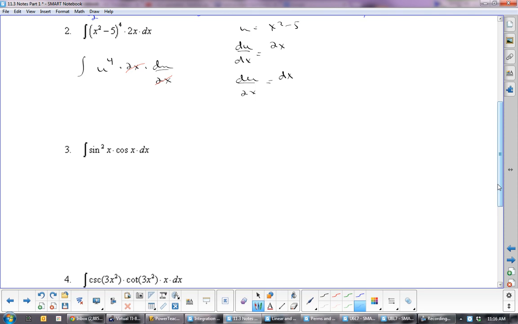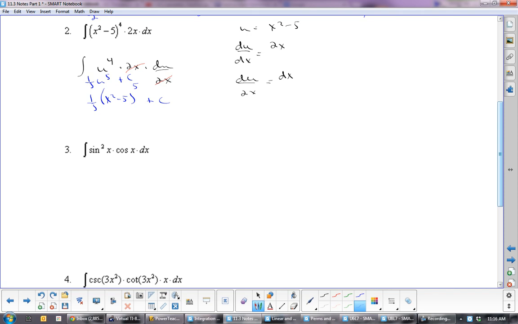I'm going to not rewrite it again, right? We can see because everything cancels, so now I'm just going to do the integral, which would be 1/5. We could even put in our u right now. Just (x squared minus 5) to the 5 plus c. Actually, we should have had 1/5 u to the 5 plus c, right?